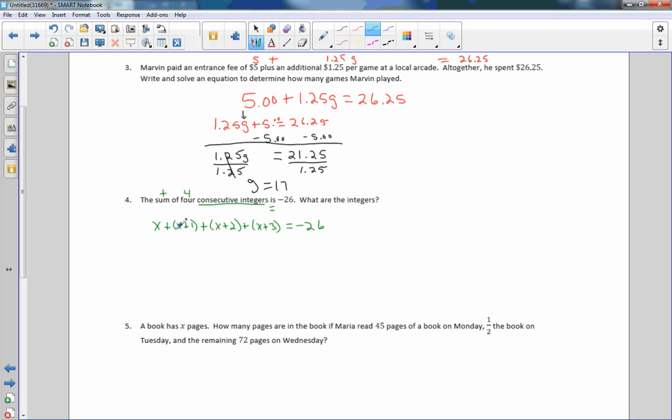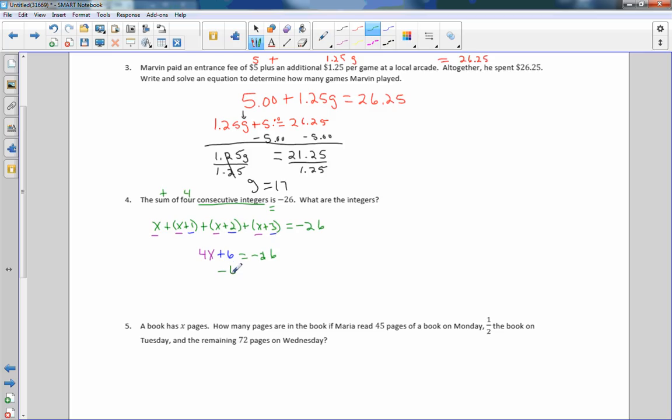Let me underline them. I have an x here, that's 2x, plus another x is 3x, plus another x is 4x. And then I have 1 plus 2 is 3, plus 3 is 6. So I have 4x plus 6 equals negative 26.